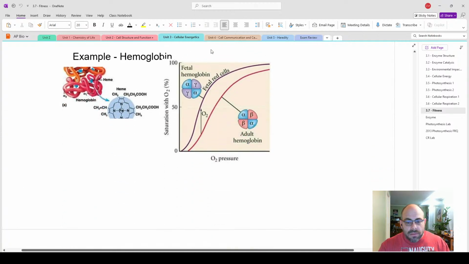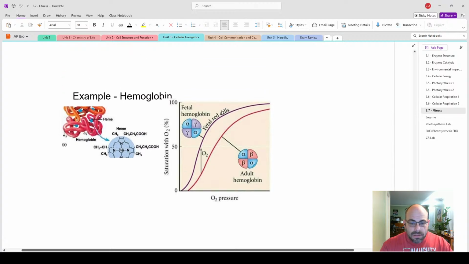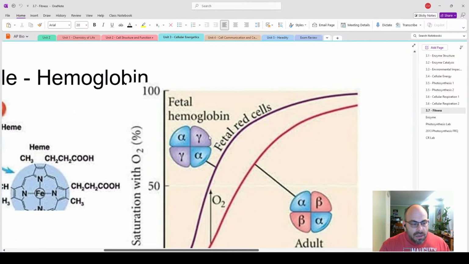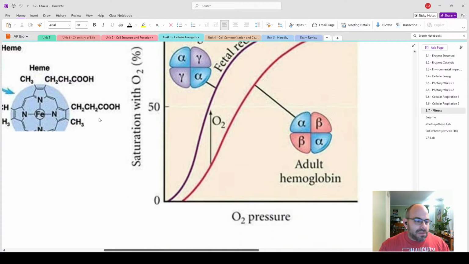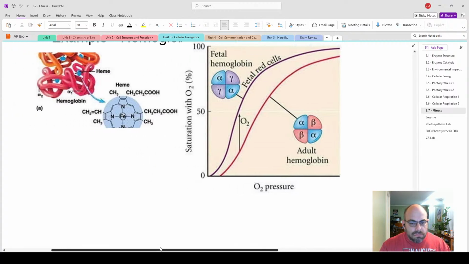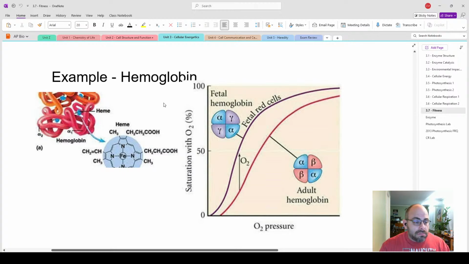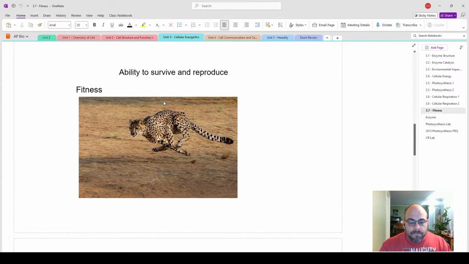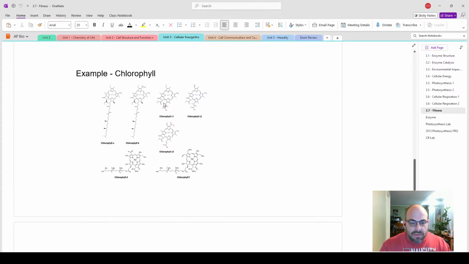And then we talked about hemoglobin, the 2 different kinds of hemoglobin subunits: fetuses have gamma subunits, which attract oxygen more than adult beta subunits, which allows the fetus to pull oxygen off of the mother's hemoglobin, which gives them a better rate of survival. The idea here is that if there's more variety in the molecular realm of things, then that organism is going to have a better chance to survive.